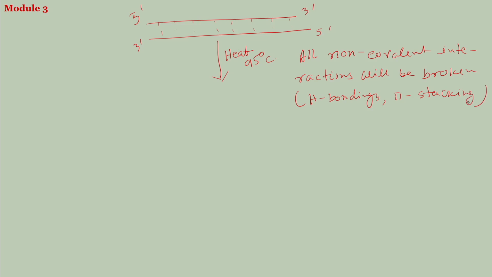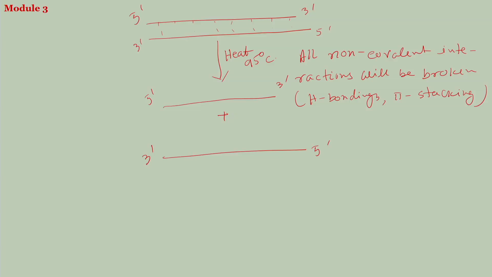So, in other words, your base pairs would be destroyed, and you can very much have two single stranded DNA free from each other, no interaction at all. So, by a simple trick of heat, you can separate the DNA into two single stranded DNA.